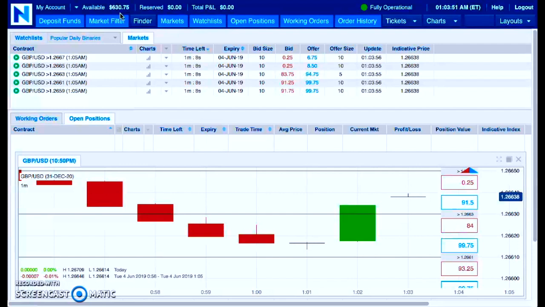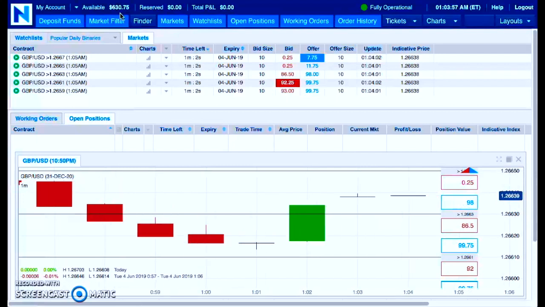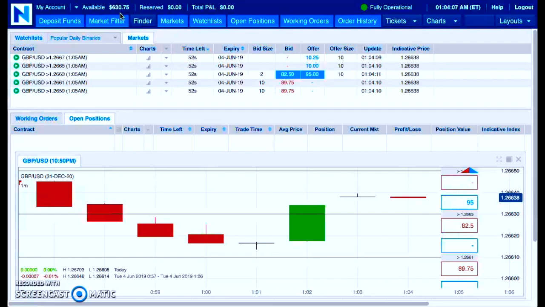If you're scared to lose money and you have that whole fear of risk, oh man, I don't want to put my money at risk, you have to learn how to mitigate the risk involved with this whole thing that we call trading. You've got to mitigate that risk with skill.